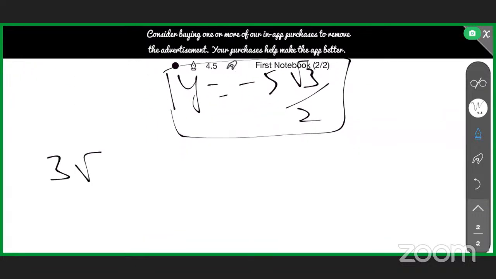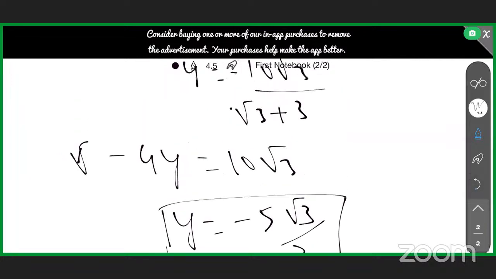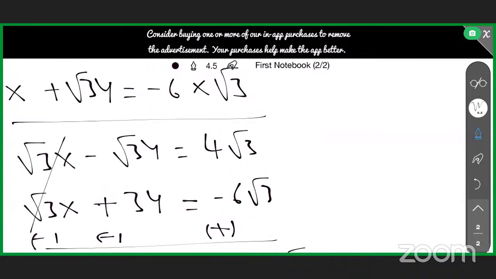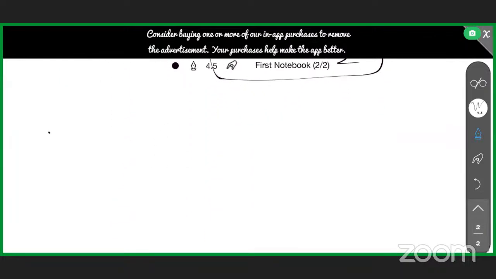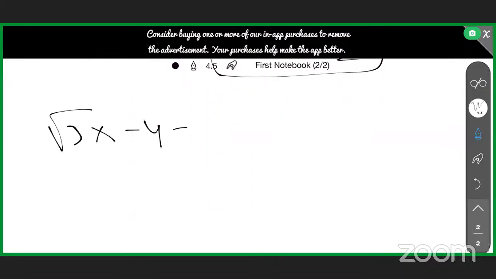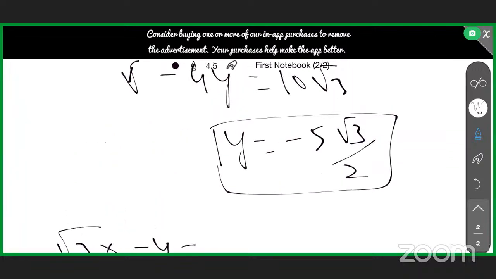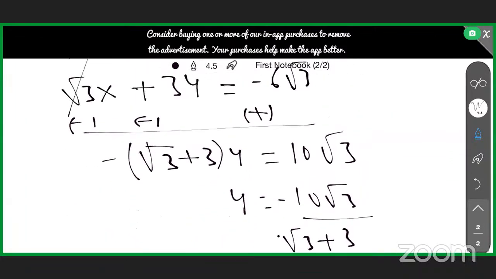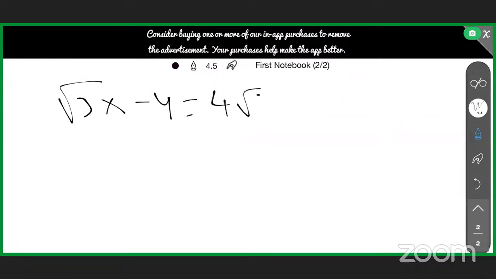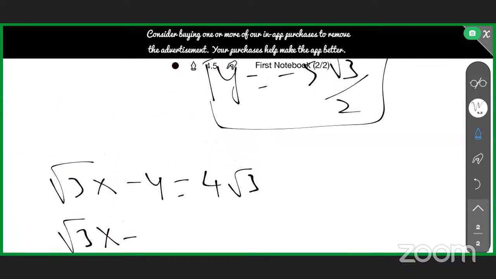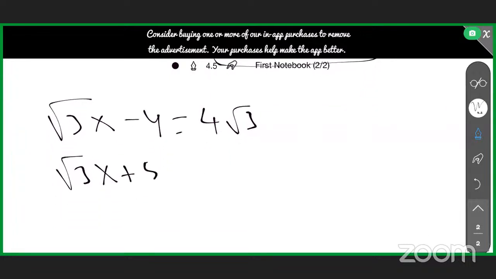Root 3x minus y is equal to 4 root 3, sir. So substitute the value here. What is the y value here? The y value is minus 5 root 3 by 2. So root 3x plus 5 root 3 by 2 is equal to 4 root 3.